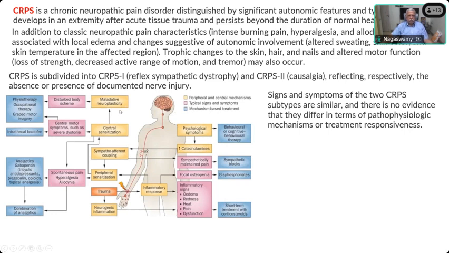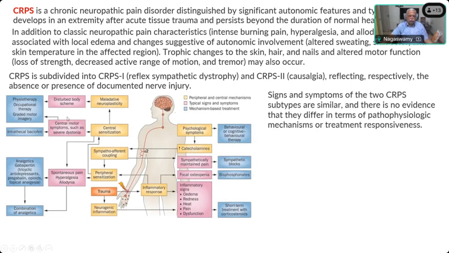The pathophysiology: there is neurogenic inflammation, trauma, inflammatory response, then peripheral sensitization of the nerve, sympatho-afferent coupling, then central sensitization and maladaptive neuroplasticity. So starting from the periphery, the changes gradually go up to the brain. This also results in psychological symptoms and an increase in catecholamines.